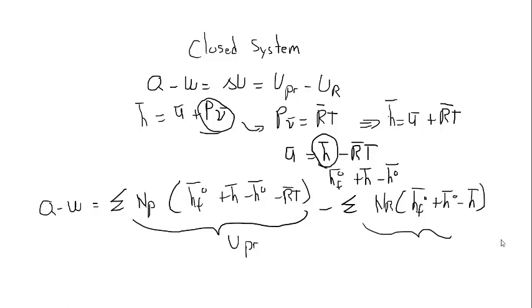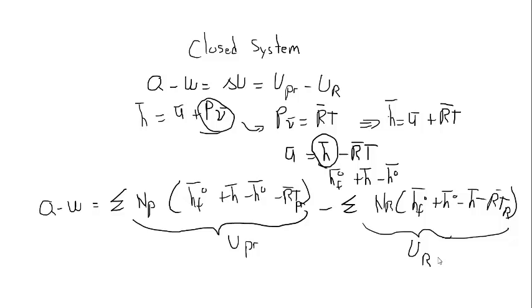So that would be the temperature of the reactants and the temperature of the products, and this would all be U of the reactants. Okay? So, first law analysis for a combustion system, looking at closed and open systems.